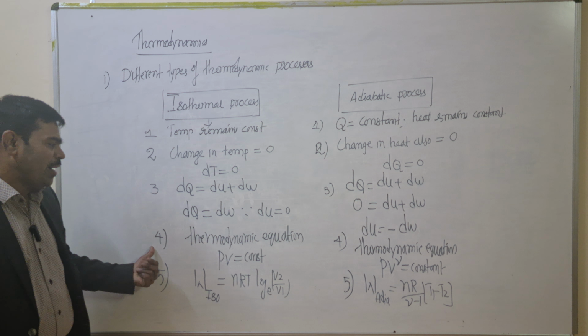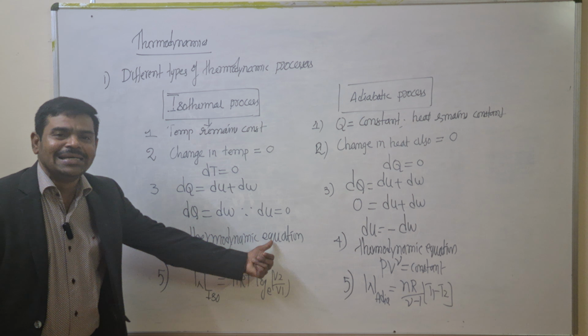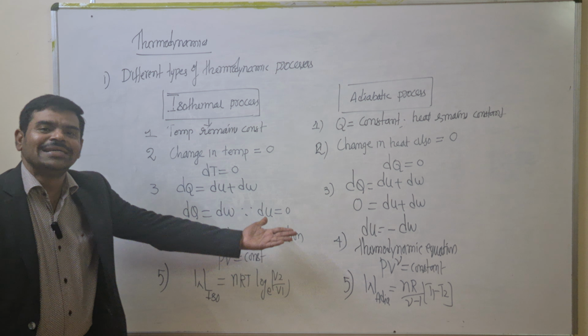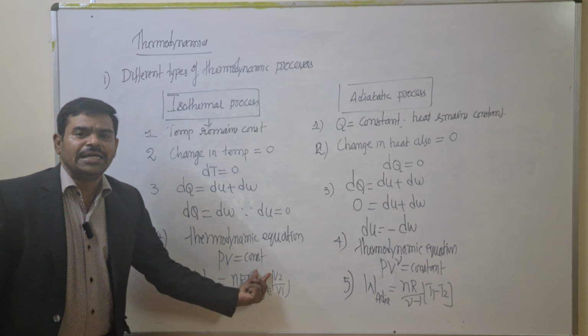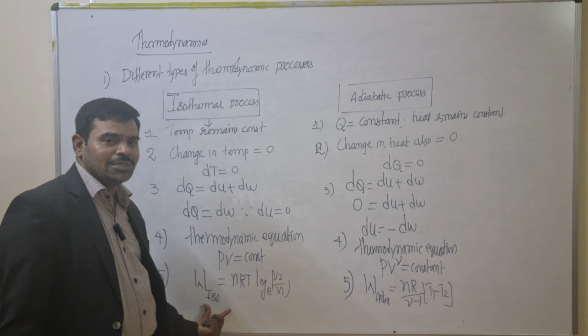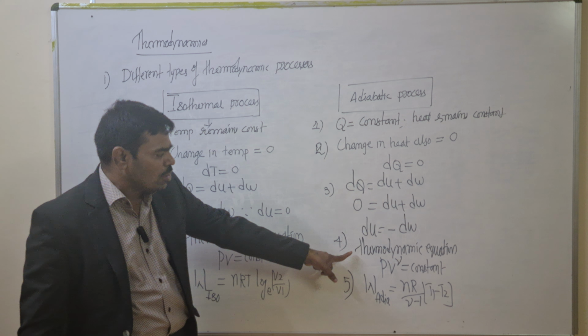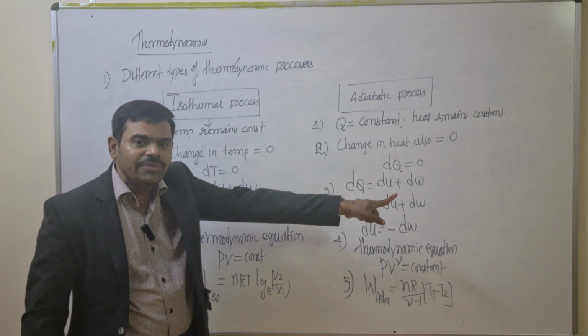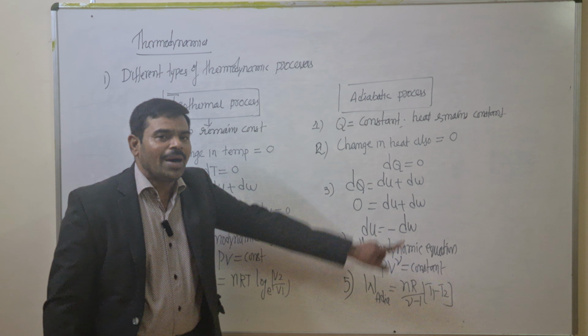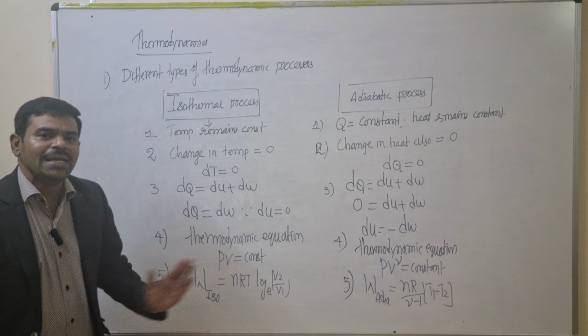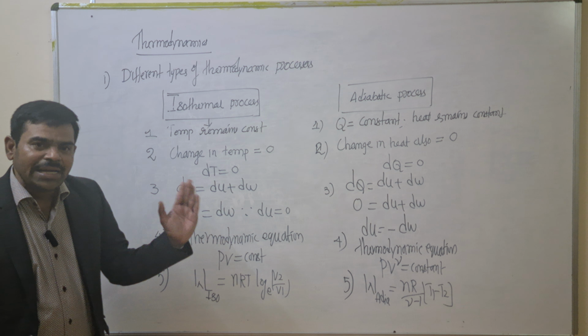And coming to the fourth point, the thermodynamic equation or equation of state: PV equal to constant in case of the isothermal process. In case of the adiabatic process, the equation of state is PV power gamma equal to constant, where gamma is the specific heat ratio.